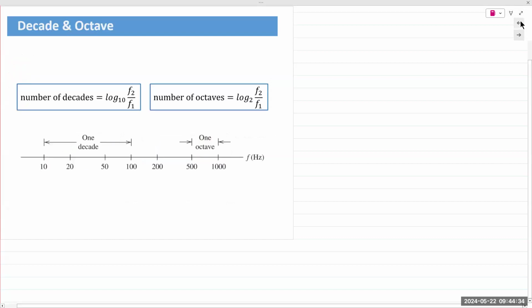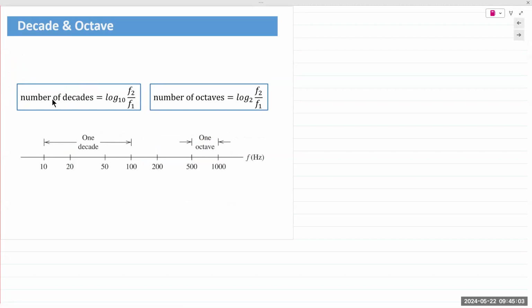Let's look at frequencies first. Frequencies are plotted on the x-axis, and we plot frequencies using the log scale. Now we define a log to the base 10 of two frequencies, or ratio of two frequencies, as one single decade. So a decade is basically a change of 10:1.